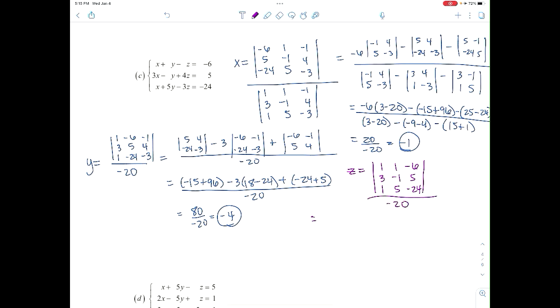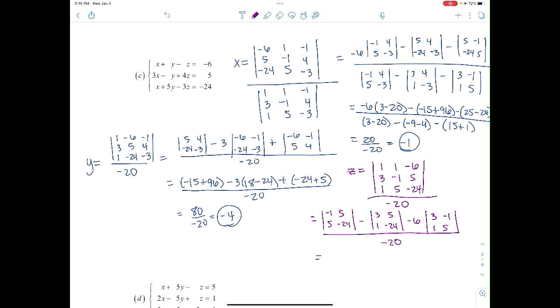This will give us the determinant negative 1, 5, 5, negative 24, minus the determinant of 3, 5, 1, negative 24, minus 6 times the determinant of 3, negative 1, 1, 5, all over negative 20.